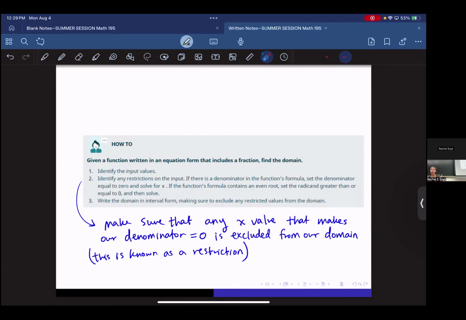As long as we're in the real number system. Exactly. And so we want to make sure that anything underneath a square root or an even root index is positive or 0.